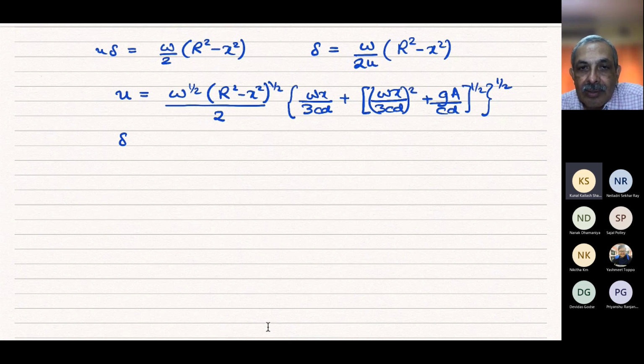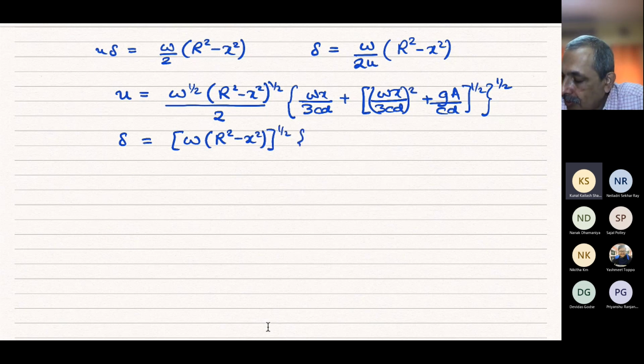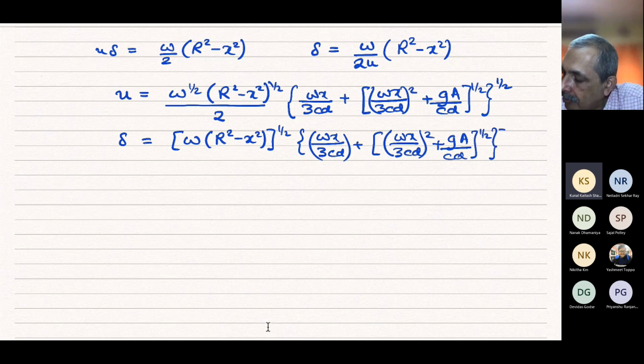And so delta just turns out to be omega into r squared minus x squared raised to the power of half into omega x divided by 3 CD plus this whole thing, and this raised to the power of minus half.